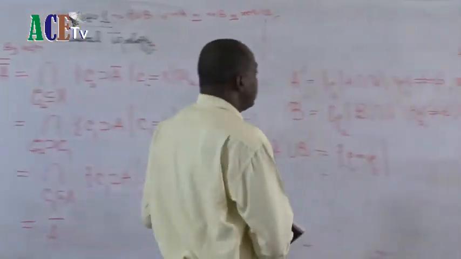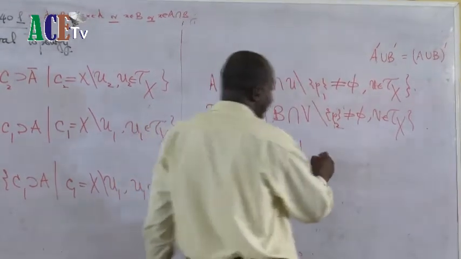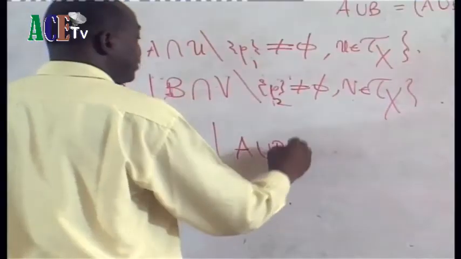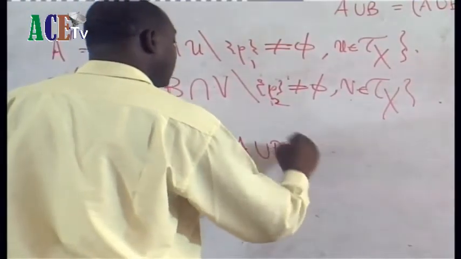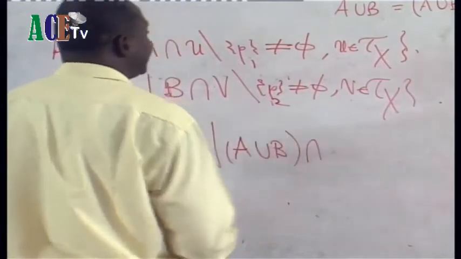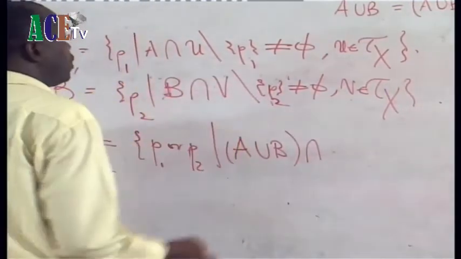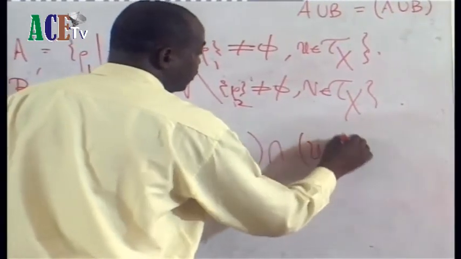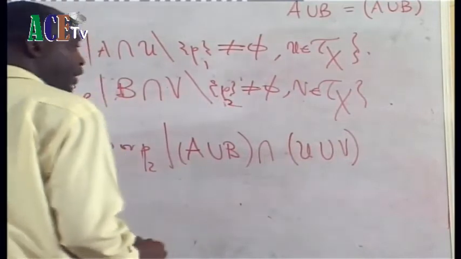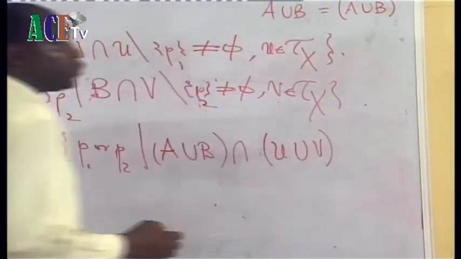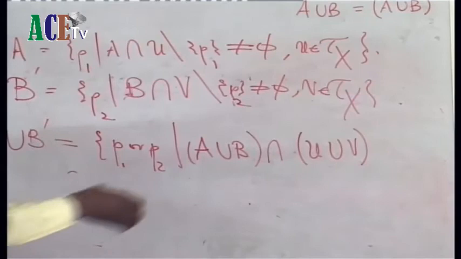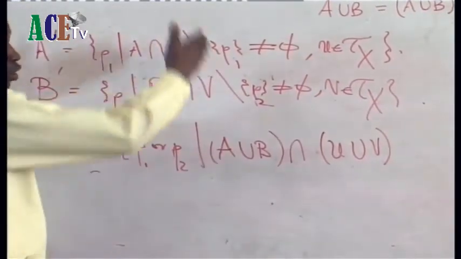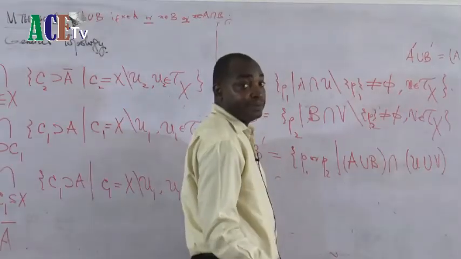And so what are we going to have here? We have A union B intersect U union V, and I want you to know that the union of two open sets is open.